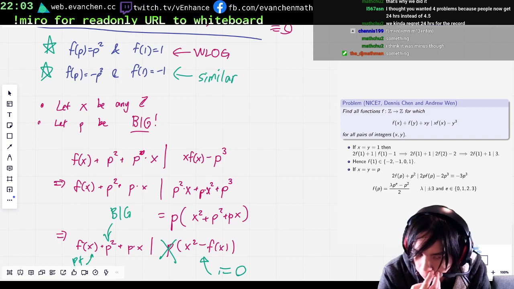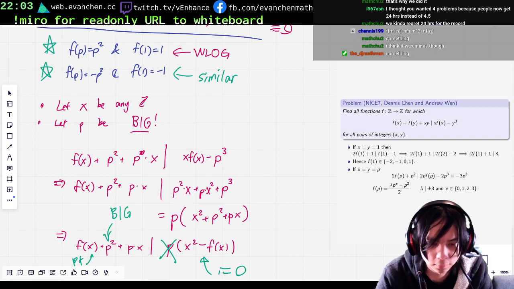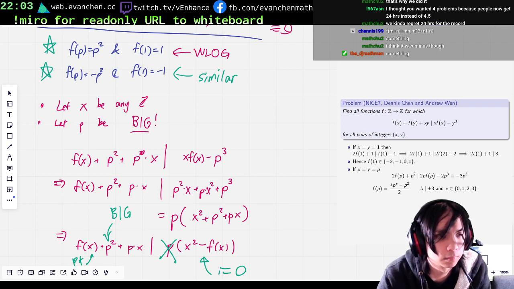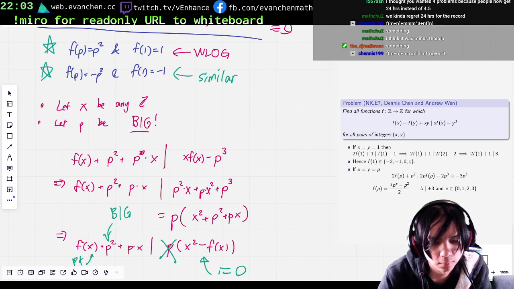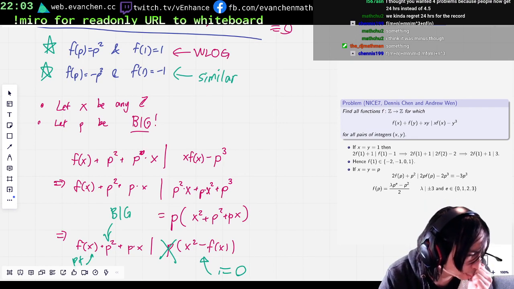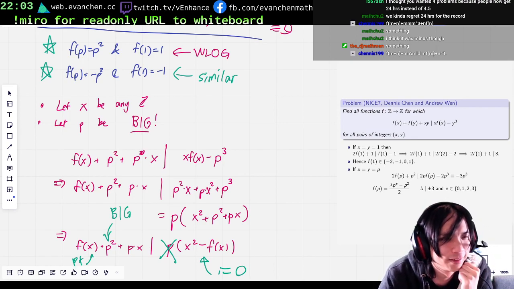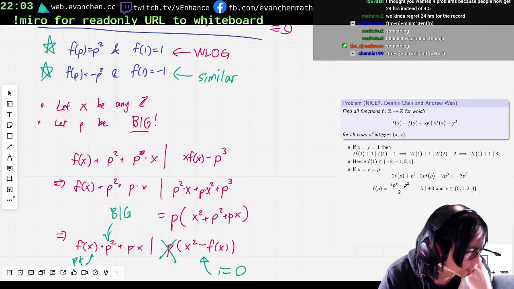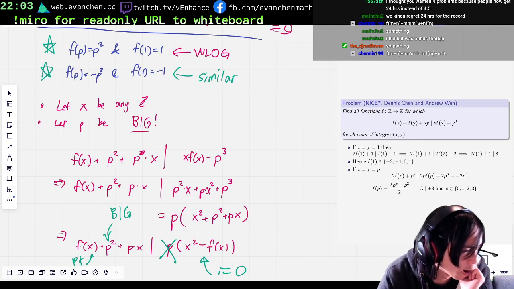Okay, yeah, the original problem was find all functions such that this weird condition held. Yeah, actually, that's it. Identical to what I typed up. Okay, so that ended up being minus x squared. And so it was there.